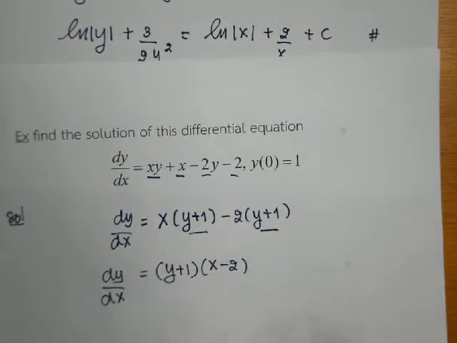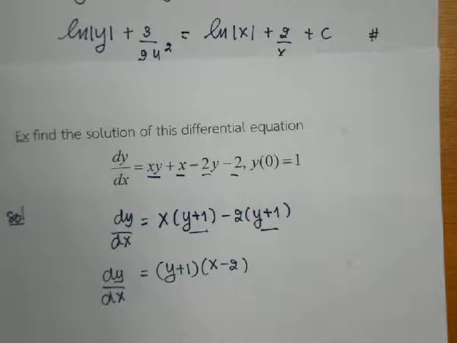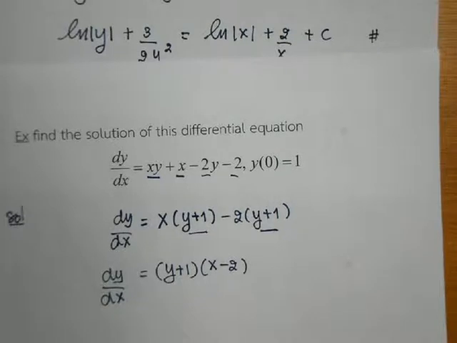So you've got to find a way. The thing is that you've got to think about whether it is really a separable equation. Sometimes it doesn't come in a form that you can separate right away. But you've got to think a bit about it and try to rearrange it in such a way that it is a separable equation. But if it is not, don't try to force it.